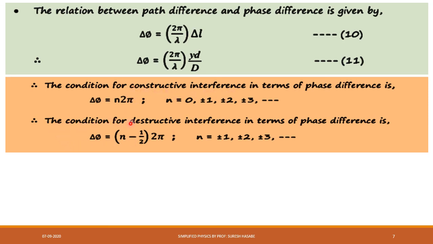And the condition for destructive interference in terms of phase difference is (n minus 1 by 2) into 2 pi. In the previous terms it was lambda, here we get 2 pi. That is an odd multiple and an integral multiple of 2 pi. These are the conditions for constructive and destructive interference. We have to remember these conditions, and by using them we can simplify the different concepts related to this.